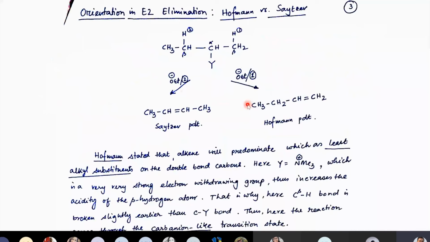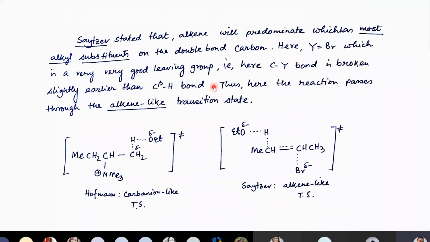So, if Y is a very good leaving group, it will go first so that there is an alkene-like transition state, and then this C-H bond will be broken. So, these are the two transition states for Hofmann and Saytzeff. In the Hofmann case, because the acidity of this proton is high, the OH minus would catch this proton to form this partial negative charge.